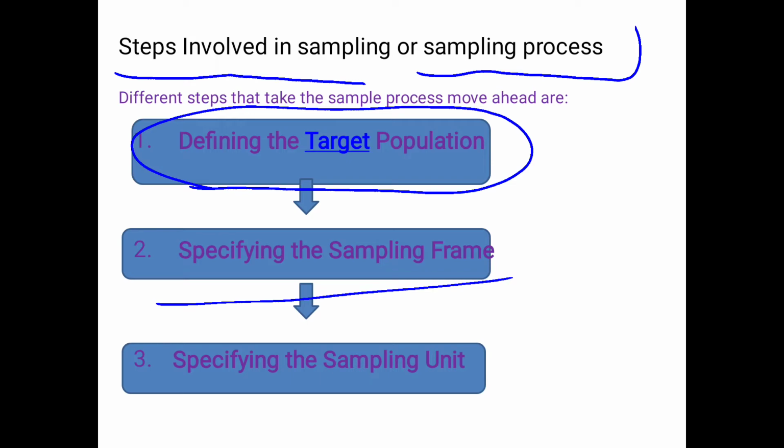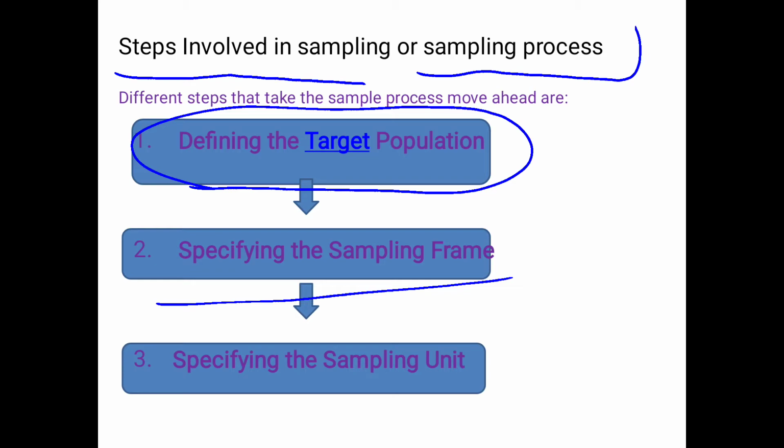In other words, it is a group of people from which you will draw your sample, or the list of all units in the study population from which the sample is taken. In this step, you have to clearly specify the group of people from which the sample is taken.